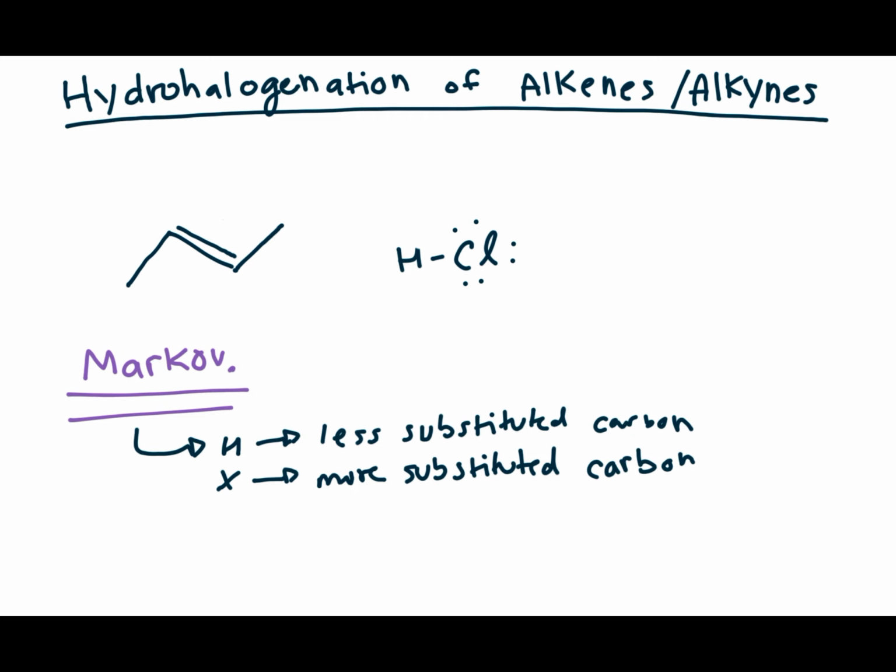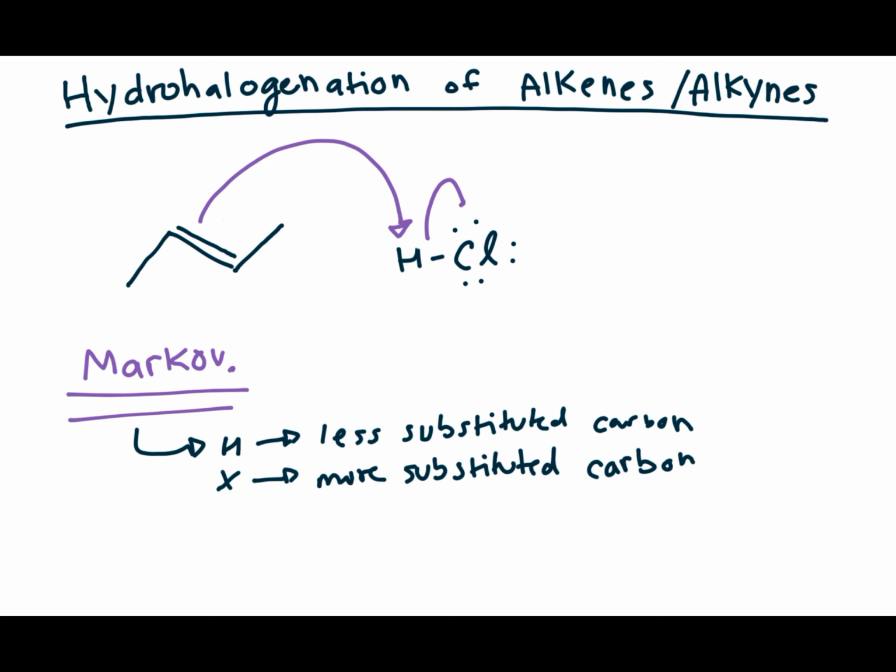Okay, so now we can talk about the mechanism up above. So in this reaction, this double bond is actually acting as a nucleophile. So because it is a nucleophile, it will attack this hydrogen, and then this causes the bond between the hydrogen and the Cl to also break.